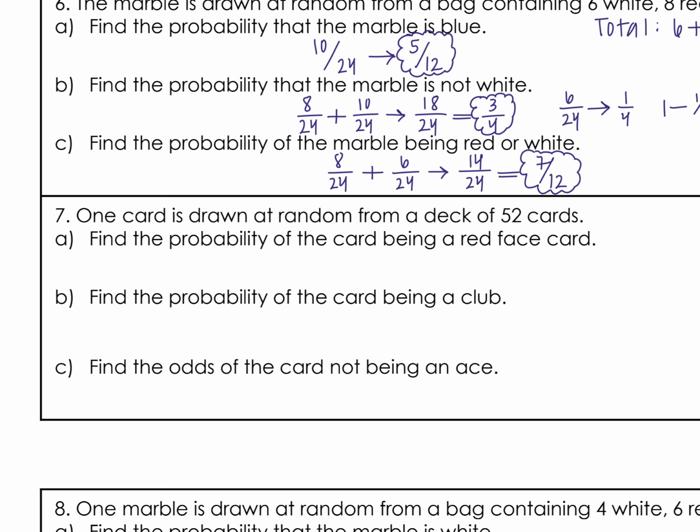And you also need to think about the fact that there are going to be 3 face cards in each one of those suits. And so we have a total of 6 over 52 that would be red face cards. And then that would simplify to 3 over 26.